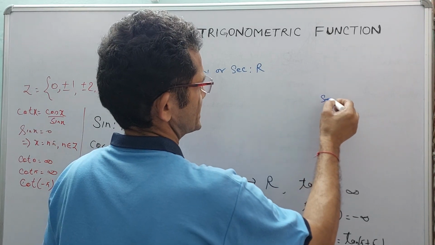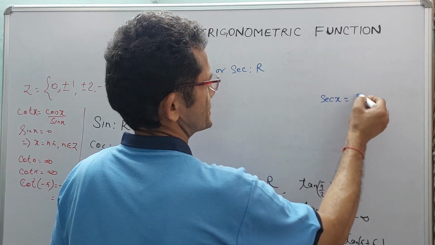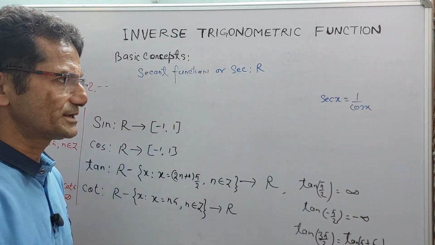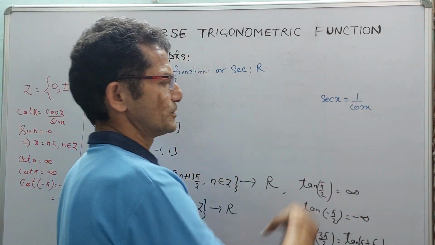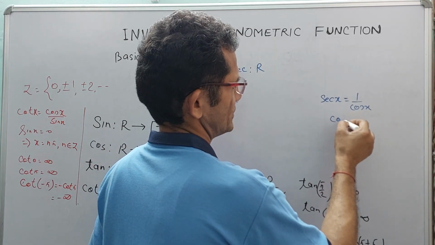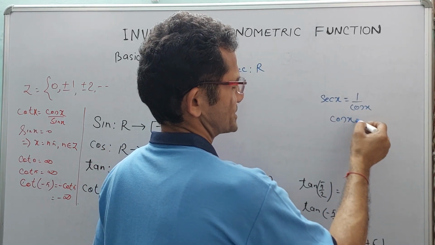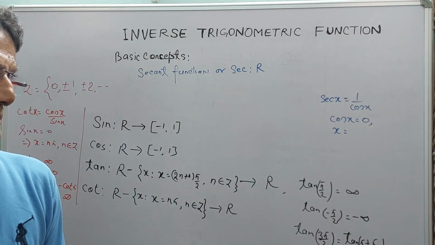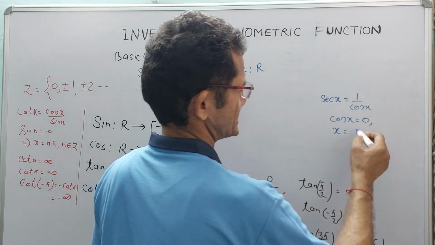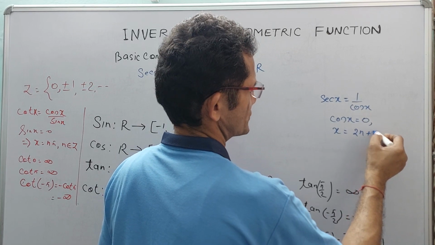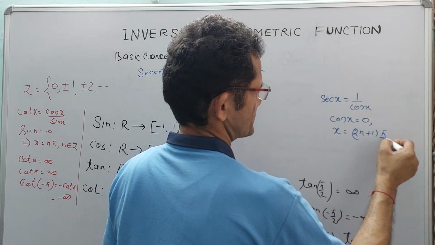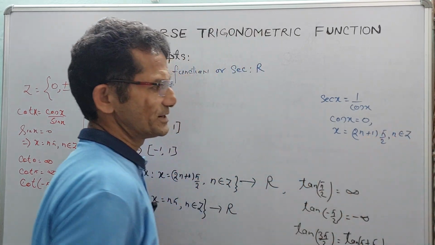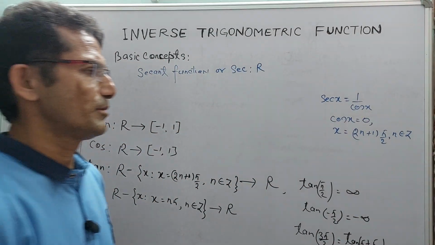We know that sec x is equal to 1 by cos x, the inverse of cos x, and it is not defined at those values of x where cos x is equal to 0. Cos x will be 0 at odd integral multiples of 90 degrees, that is (2n plus 1) pi by 2, where n belongs to the set of integers.